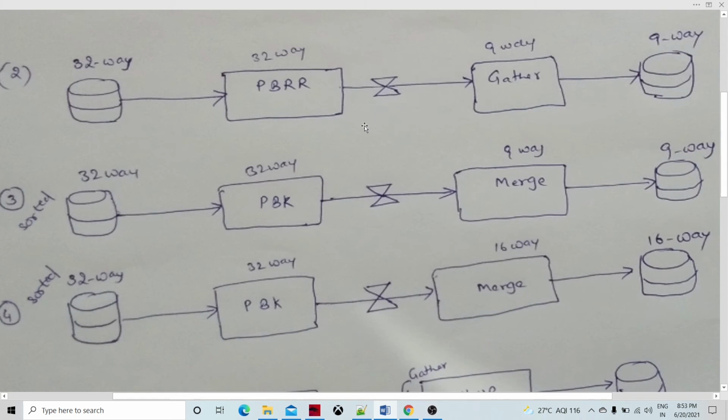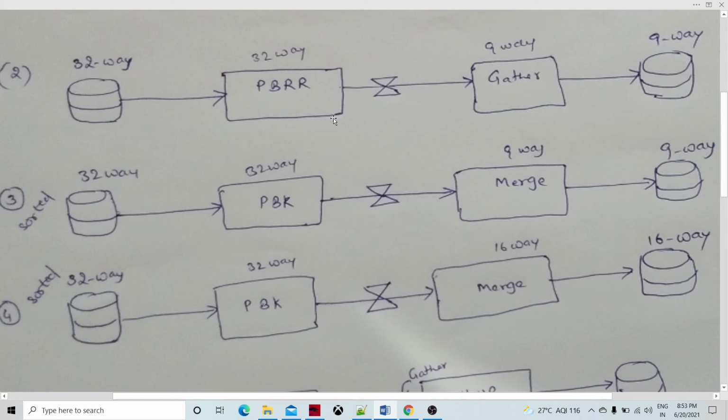You need to take care of 3 things when you do the parallel partitioning: the partitioning component, the all to all flow, and the gather. With partition by round robin, the partitioning component runs on the source degree of parallelism, and the departitioning component runs on the target degree of parallelism, with an all to all flow between those 2 components.